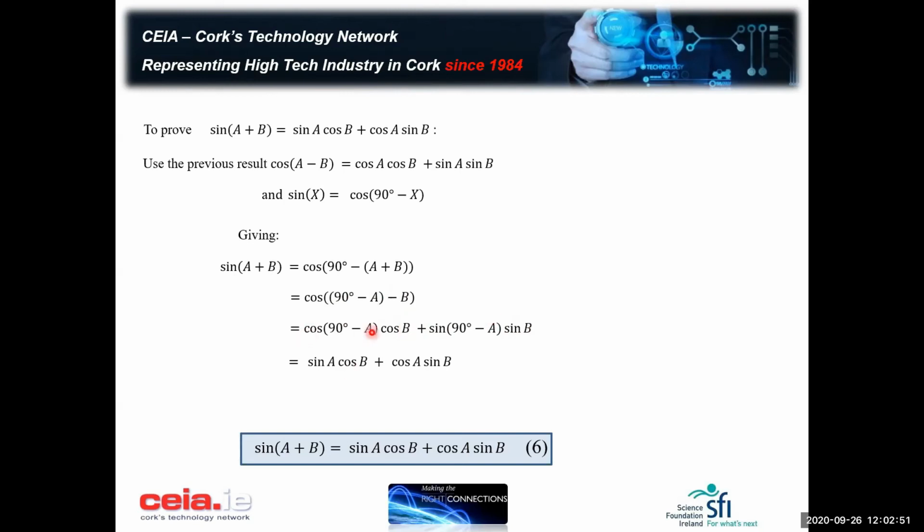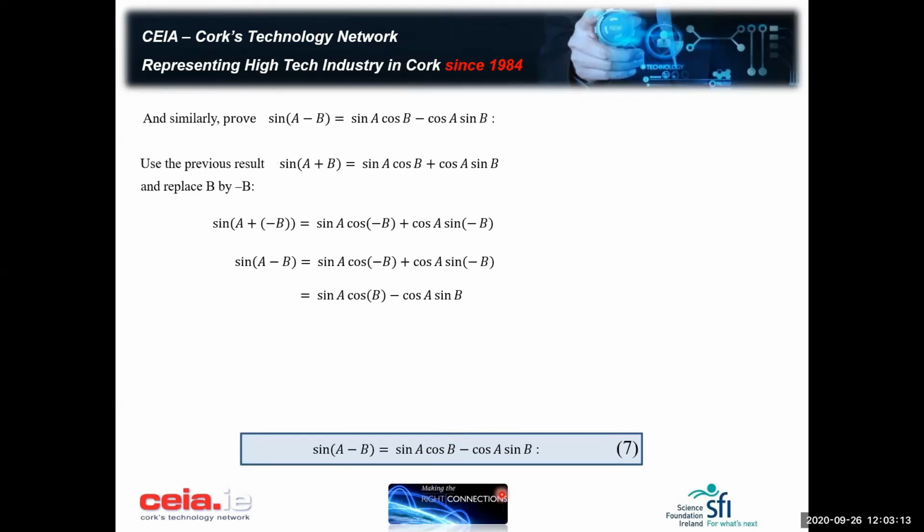And then we again apply the complementary angle formula. The cosine of 90 degrees minus A is the sine of A, and the sine of 90 degrees minus A is the cosine of A. And that gives us the result that we were looking for, sine of A plus B. And then very simply substitute minus B for B to convert this formula into a sine of A minus B formula.